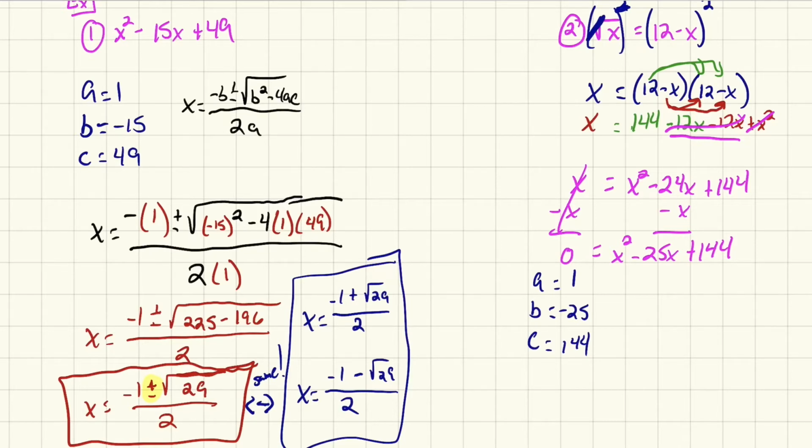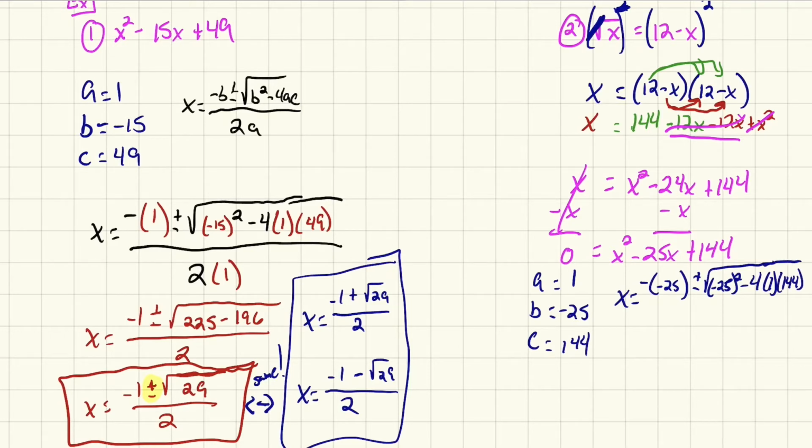Then we go to our quadratic formula. We get x equals negative b, so that's negative 25, plus or minus the square root of b squared, so that's negative 25 squared, minus 4 times 1 times 144.